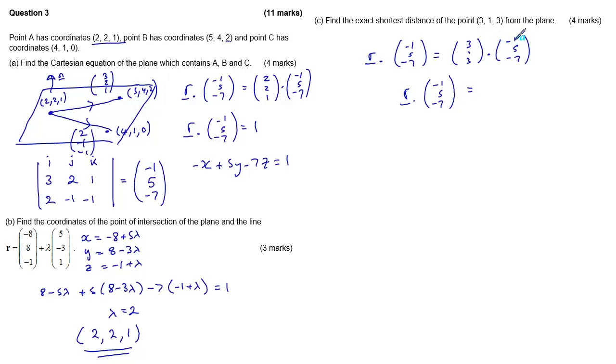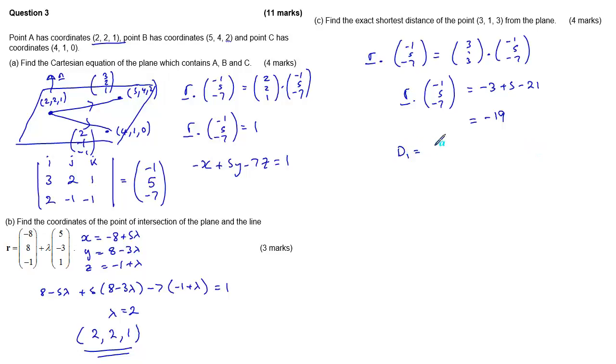So that would be -3, add 5, take away 21. So that is going to be -24, add 5 is -19.